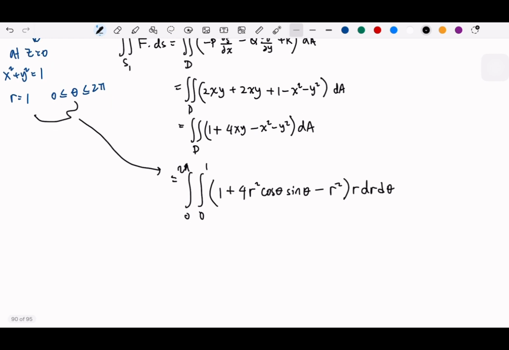Okay, multiply first. This is r, minus r cubed, plus 4r cubed cosine theta sine theta.